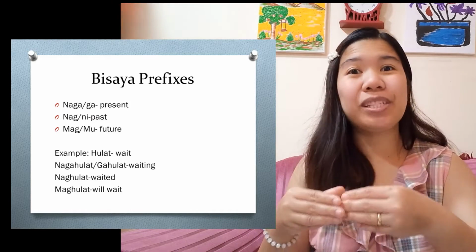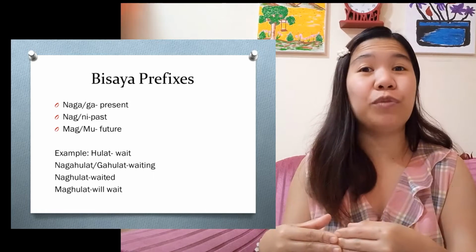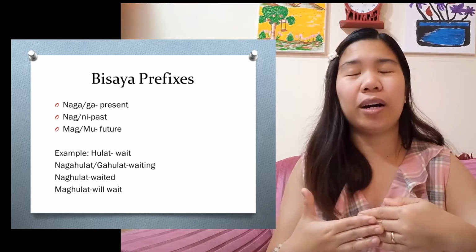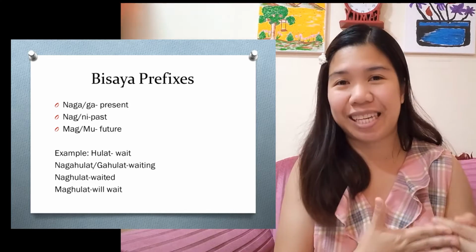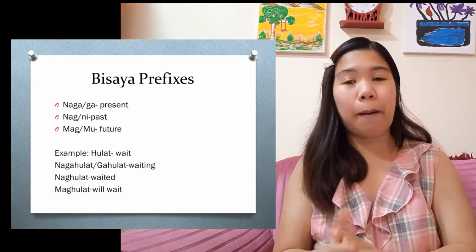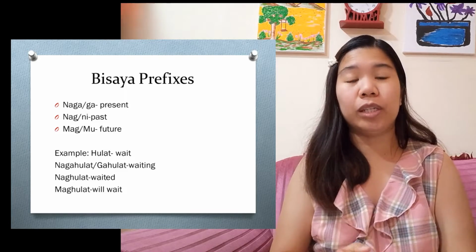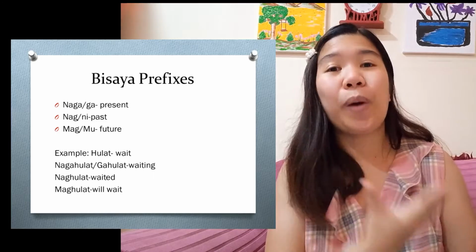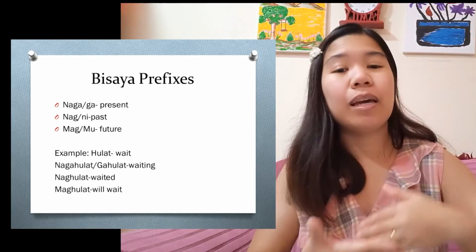Prefixes are syllables that you use at the beginning of the action word in order for you to use them in a Bisaya sentence. Okay, so for example, we have the action word hulat. So that's wait. Okay, hulat, wait.